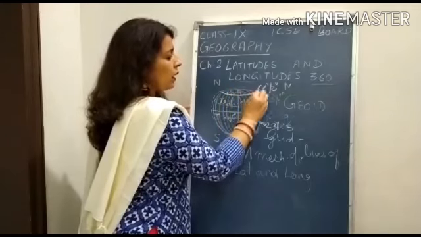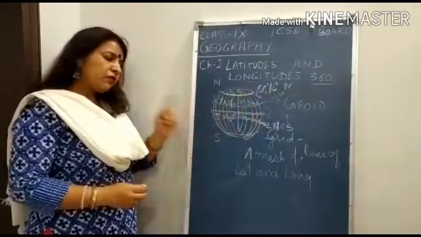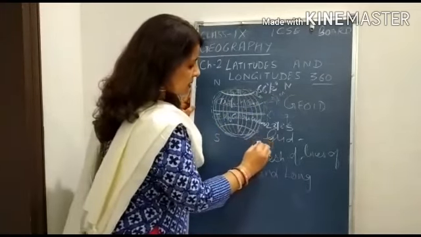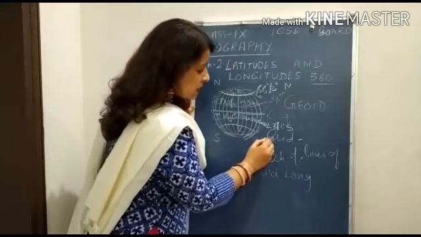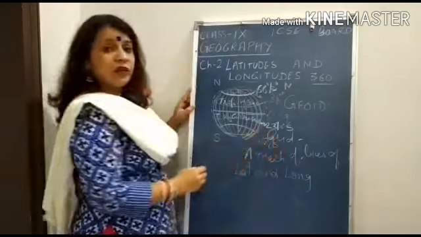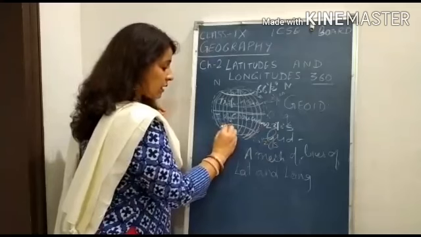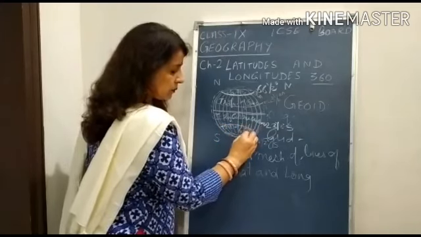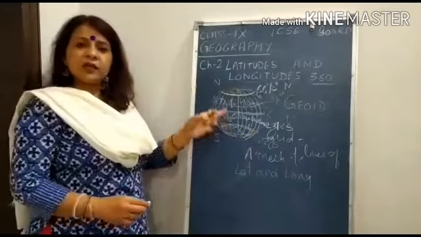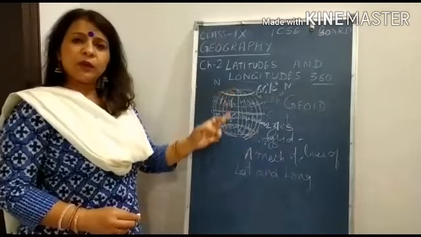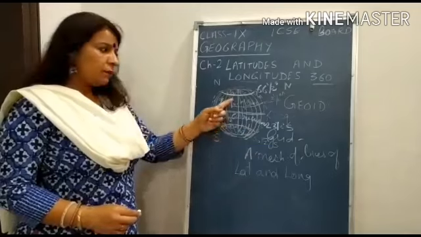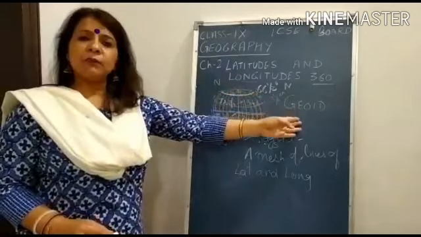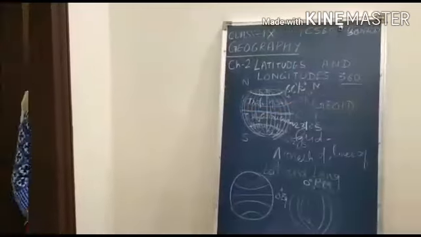Same way, move towards the southern hemisphere, at 66.5 degrees south we have the Antarctic Circle. And why can we not consider 90 degree North Pole and 90 degree South Pole as parallels of latitudes? Yes, because of the geoid shape of the earth.